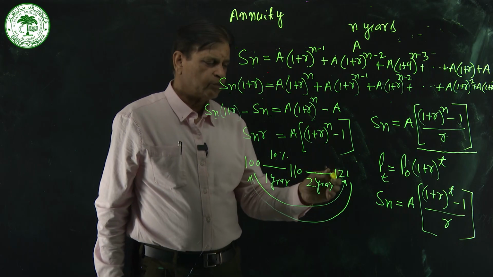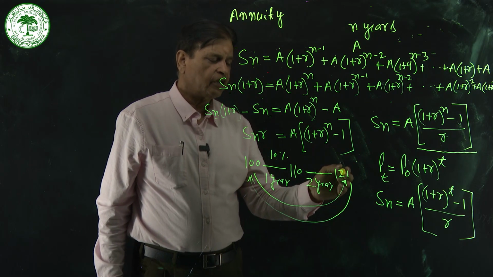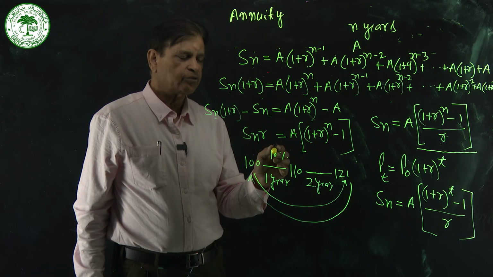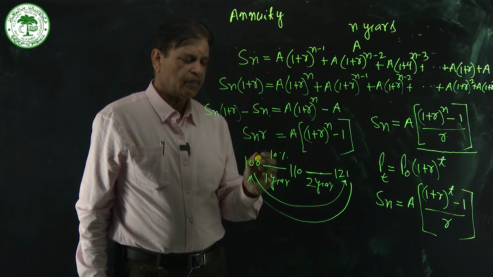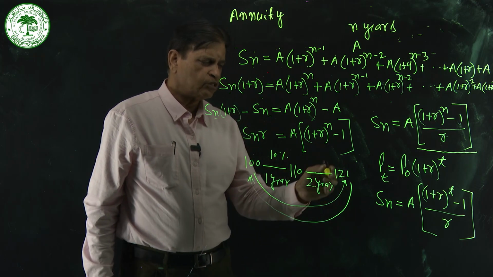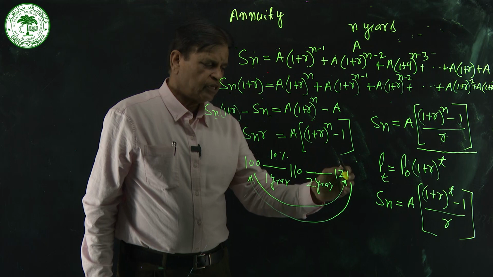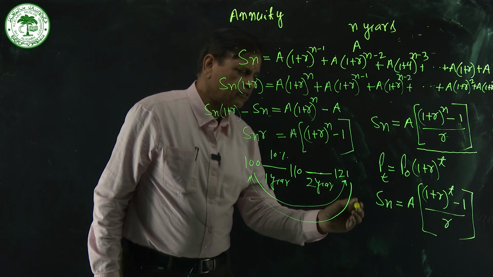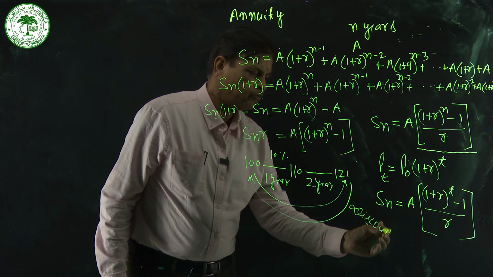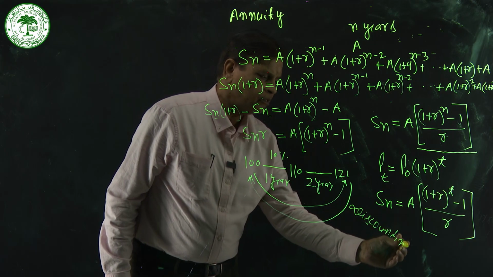Now what we have to do is reduce that 121. At what rate should it be reduced? The rate at which we have increased it, that is the rate of 10%. This method of reduction is known as discounting.